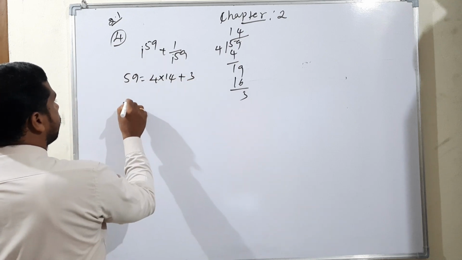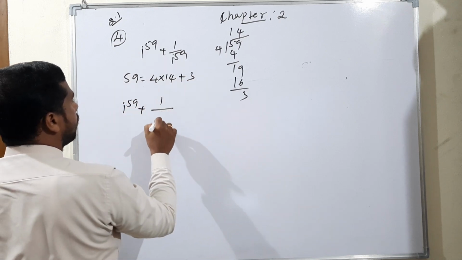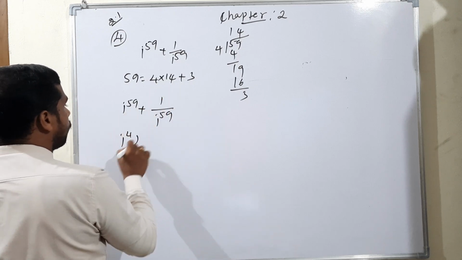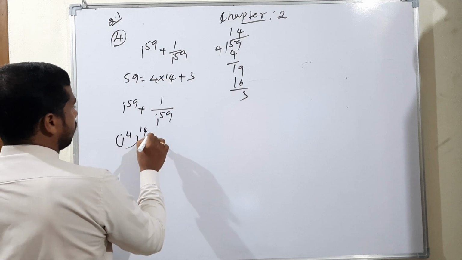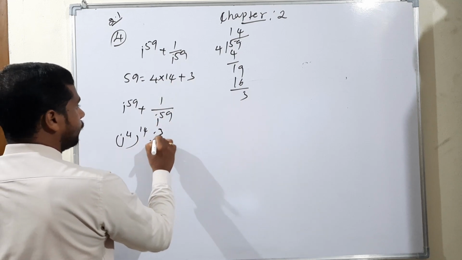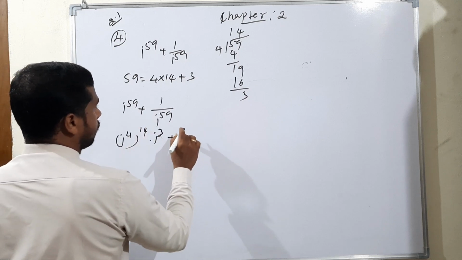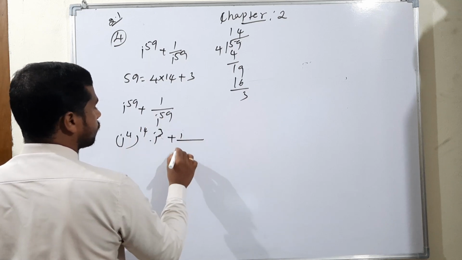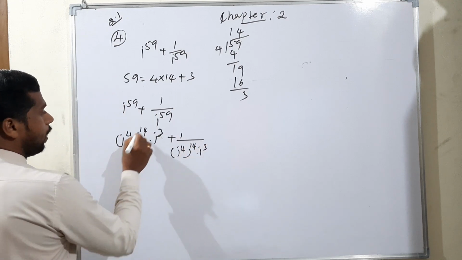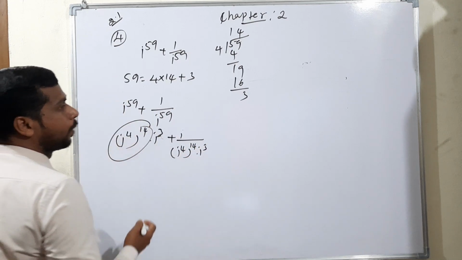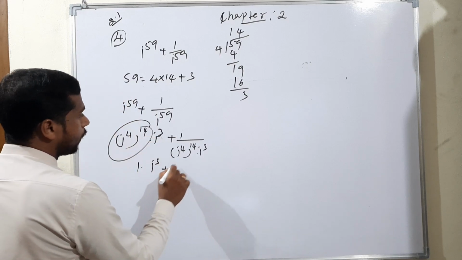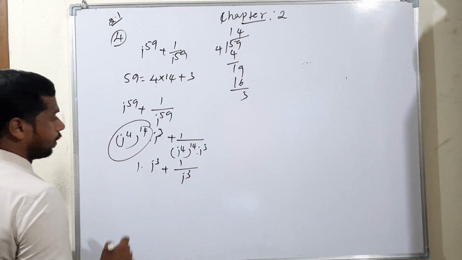So i to the power 59 plus 1 by i to the power 59 we just rearrange as i to the power 4 into 14 into i cubed, because the remainder is 3. Here also 1 divided by i to the power 4 into 14 into i cubed. Since i to the power 4 is 1, and 1 to any power is 1, we get i cubed plus 1 by i cubed.